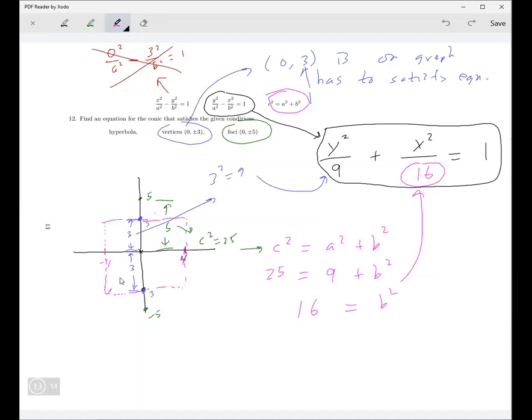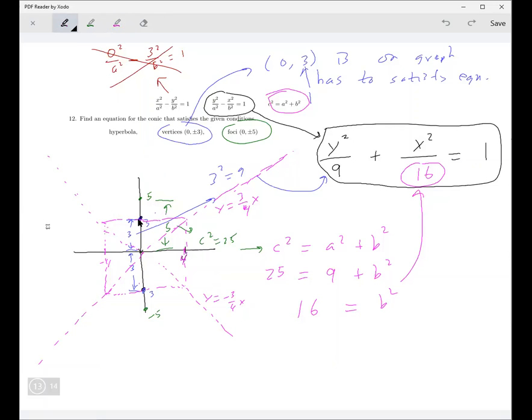Draw the asymptotes, which would go through the corners of the box. So this will be y equals, what is this? It goes up 3 and across by 4, so 3/4 x would be this asymptote. This other asymptote, if you start from the origin, goes down 3 and over 4, so negative 3/4 x.